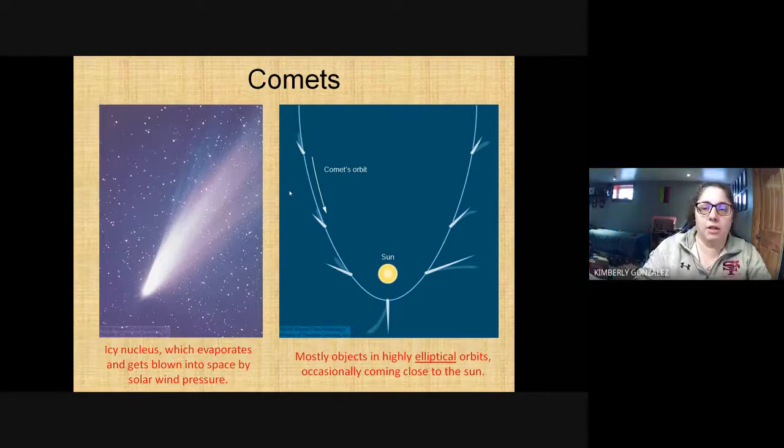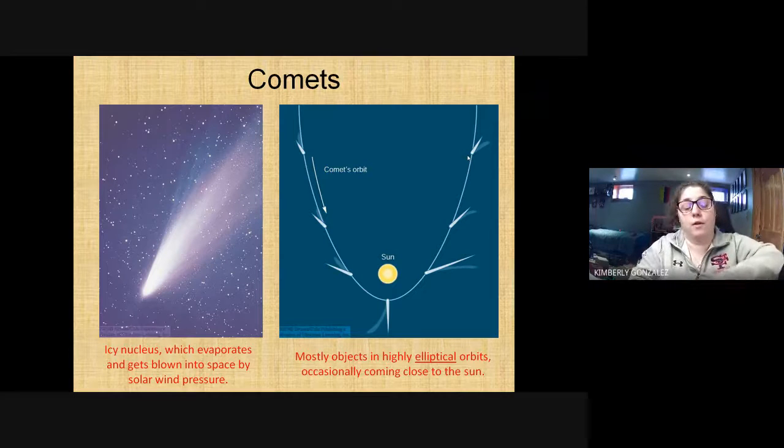They will occasionally come closer to our sun, and we will see them. Notice that the head of the comet is always pointing towards the star. The tail is always going to face away from the star. That is very, very important.